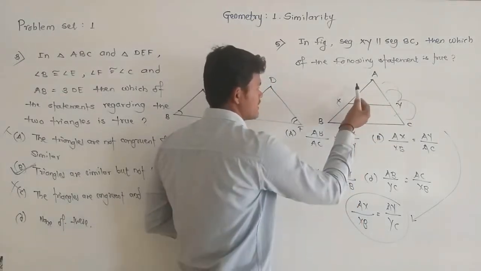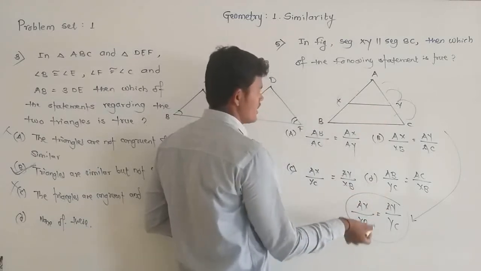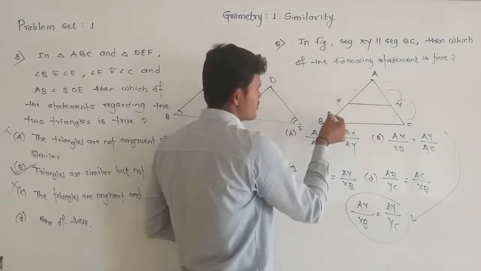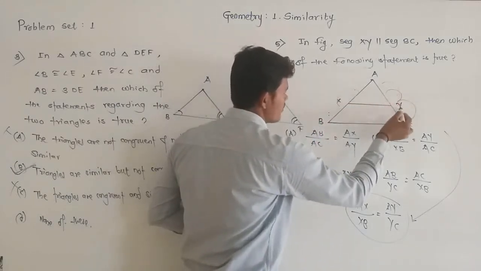See what was said: by using the basic proportionality theorem we get AX upon XB, and this ratio is equal to AY upon YC.